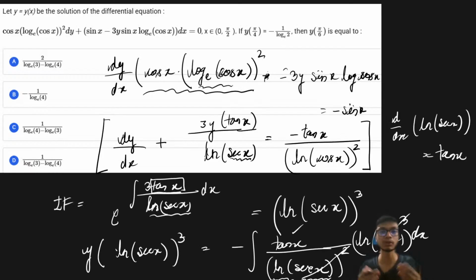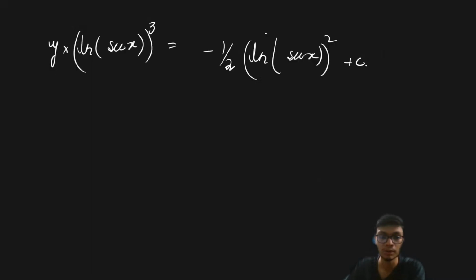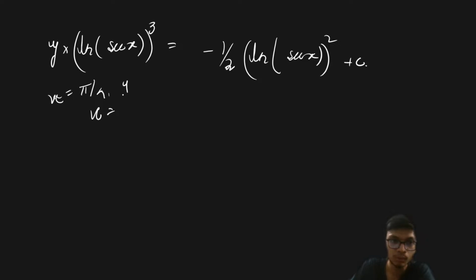Now for finding the value of the constant, we have been given that y of pi by 4 is equal to minus natural log 2. So at x equals pi by 4, y is equal to 1 upon natural log of 2.